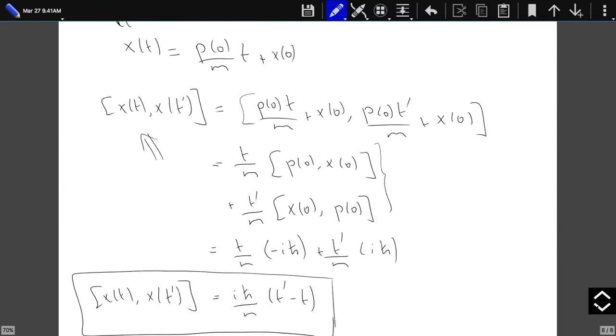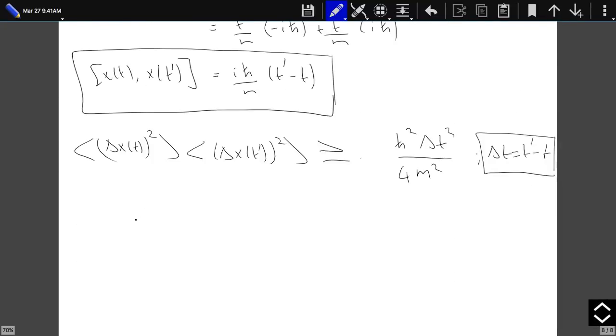Now, what about the commutator of two operators in the Heisenberg picture, let's say A(t) and B(t)? What can I say about this one? Well, let's write it down explicitly.